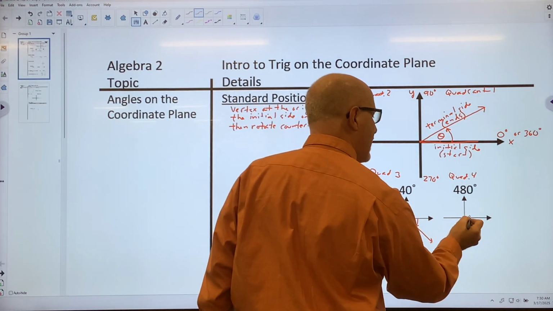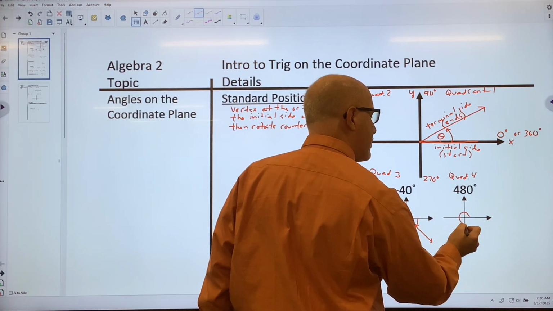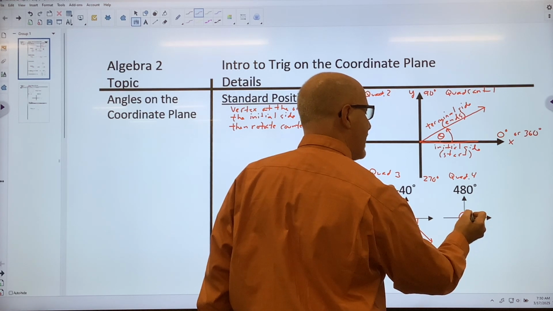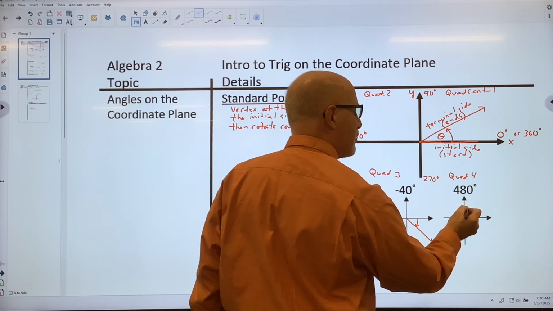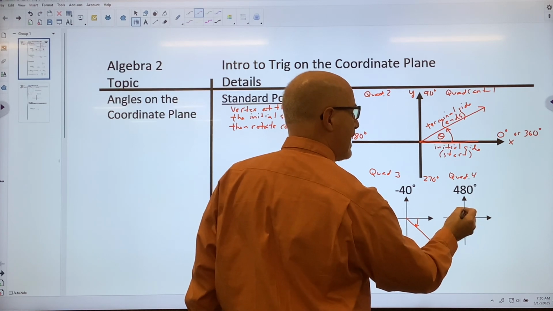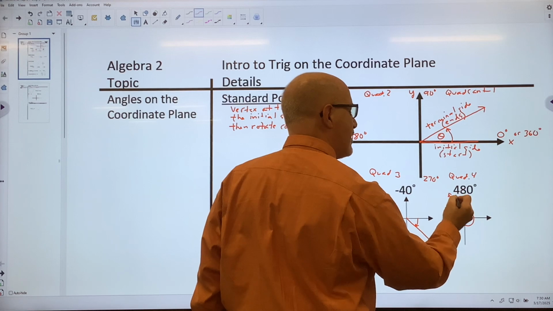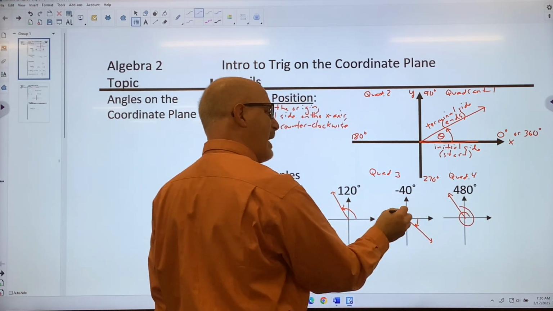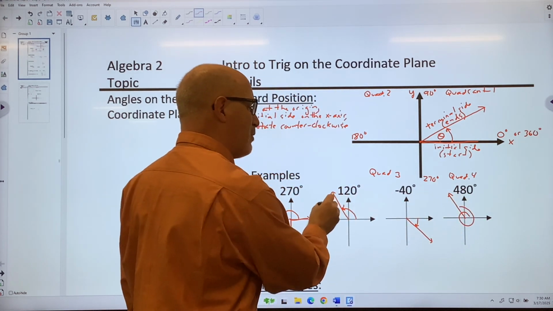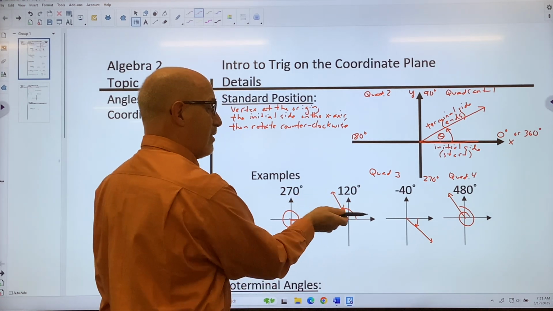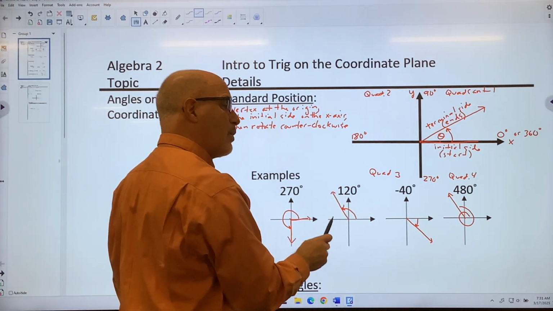Well, you have to rotate it all the way to 360 and then keep going. 360 plus 90 would give me 450. And then if I go past it, I get to 480. Notice that this 480 goes the same amount past the y-axis as this 120.